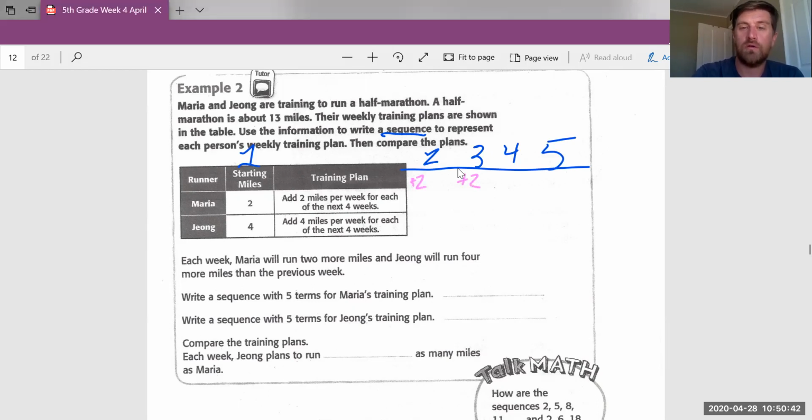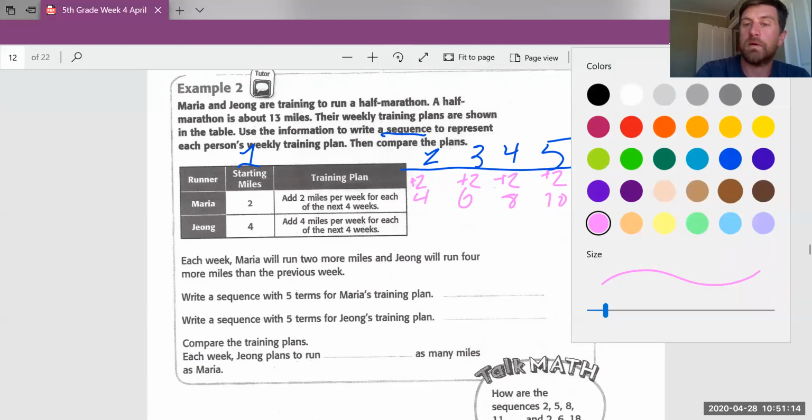Then we're going to add 2 more, and 2 more, and 2 more. Maria's rule is plus 2. That's it. So the second week, she's going to run 4 miles. The third week, she's going to run 6 miles. All I'm doing is taking 6 and 2 and adding them together to get this answer. And then I add 8 plus 2 to get this answer.